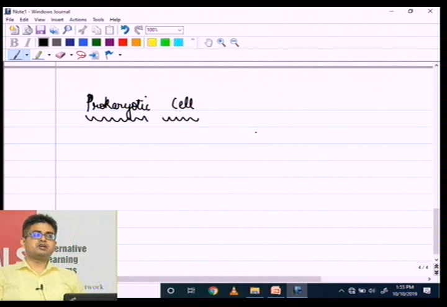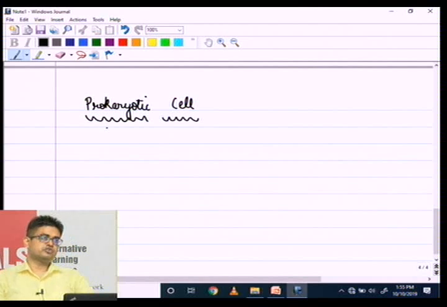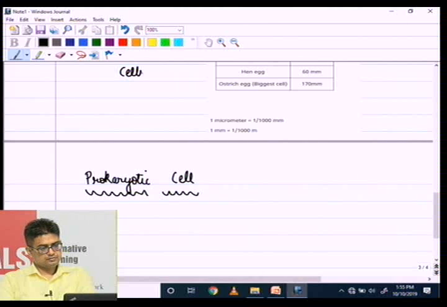It's a primitive nucleus-containing cell, or we can say that a prokaryotic cell is the first cell. I have already told you that cells are of two types: prokaryotic and eukaryotic.